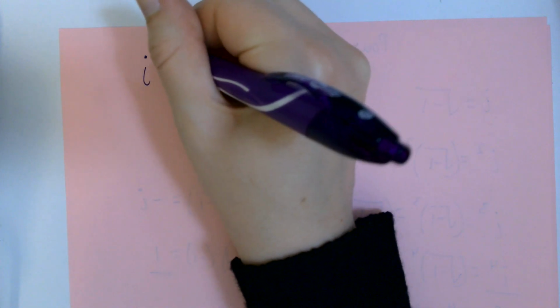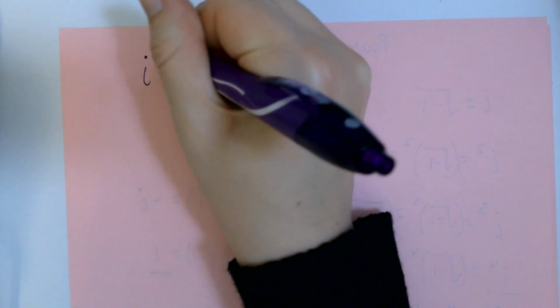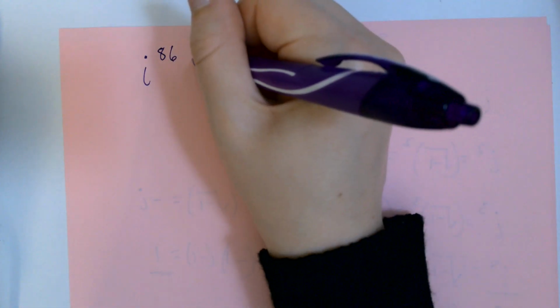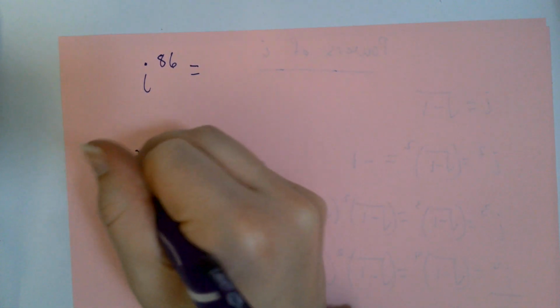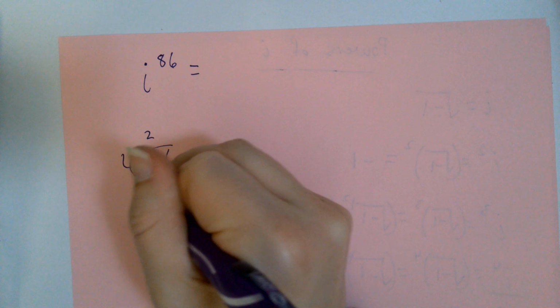So we can do another example. We can do this with really any number. We could do i to the 86. Let's figure out if 86 is divisible by 4. Let's see, goes in twice.